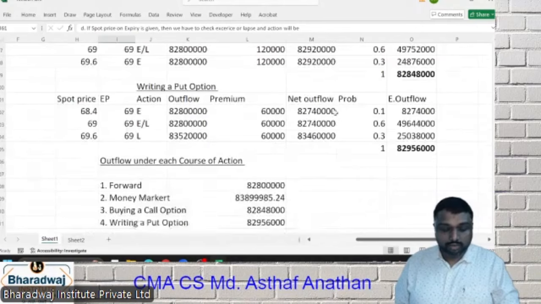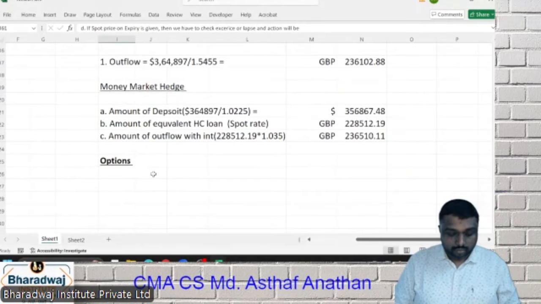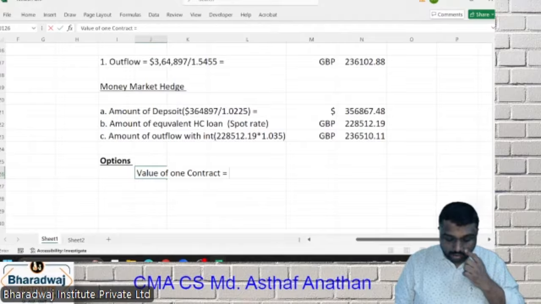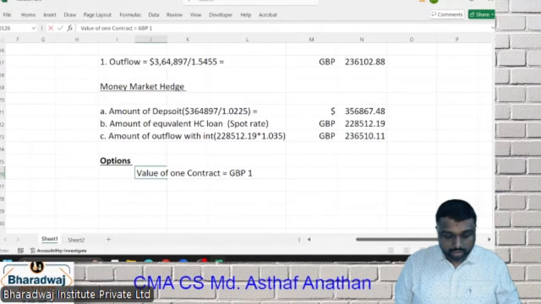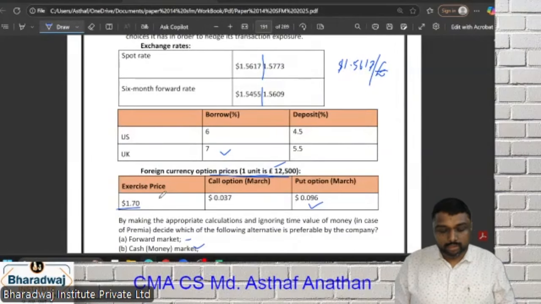So what is the number of contracts here? What is the value of one contract? The value of one contract is GBP 12,500 for everything; you have the exercise price whatever the market price may be. For 1 GBP you will get $1.7.